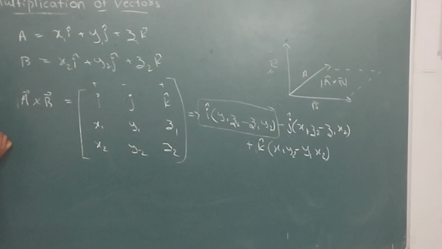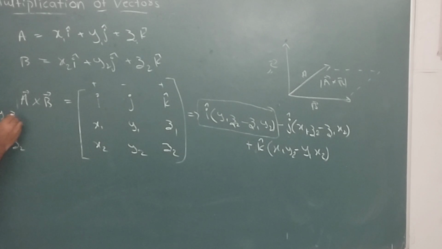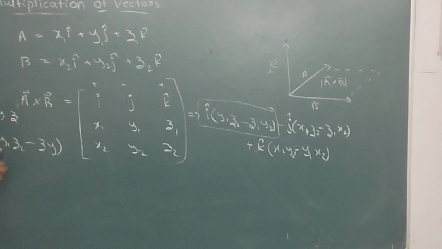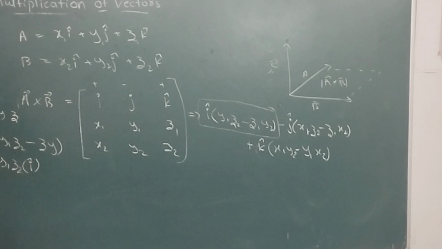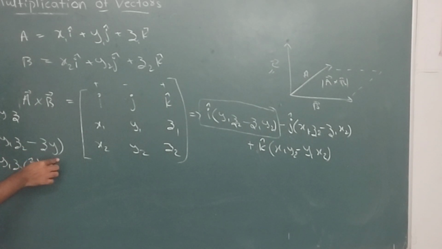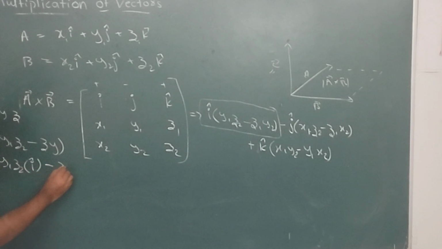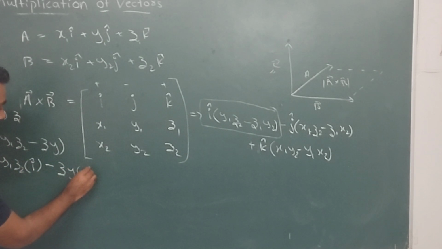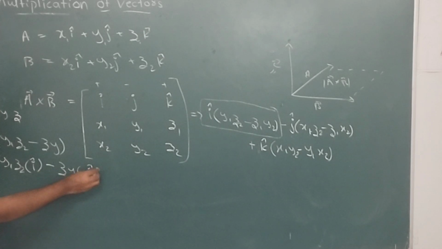Now y1 z2, y and z, minus z y. When you multiply in the order x y, it becomes positive, because it follows the series x y. Now see here, it is z y, the opposite of this. When you multiply this it becomes negative.